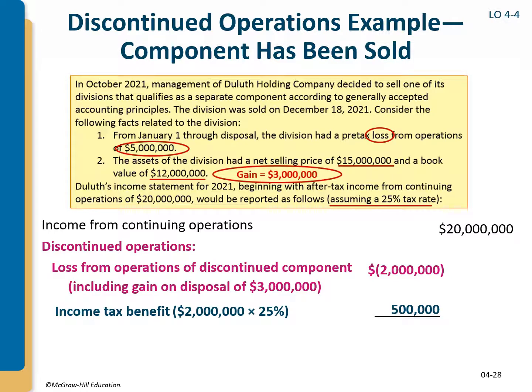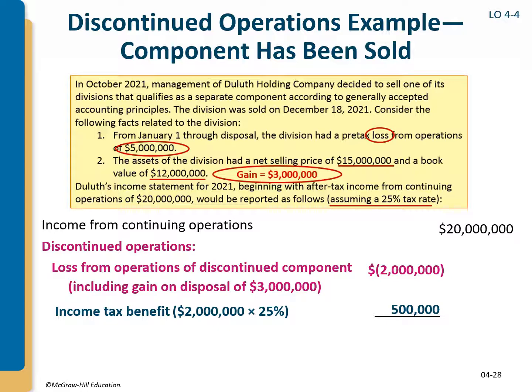Now here's what's important. When you have a loss on your tax return, you get to deduct it usually. And in this case, they would. Now, if you deduct something on your tax return, you get a tax savings. So we call that an income tax benefit. A loss will result in you saving taxes, 25%.